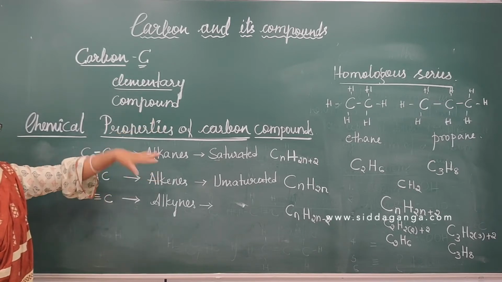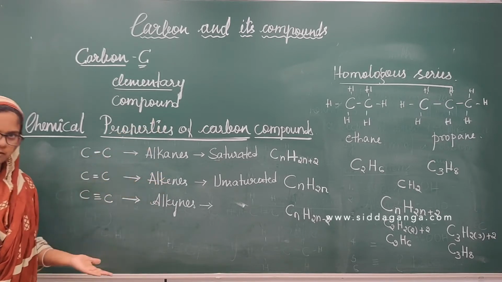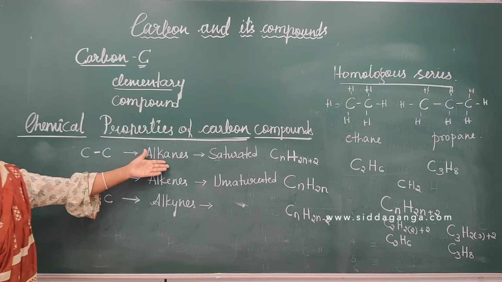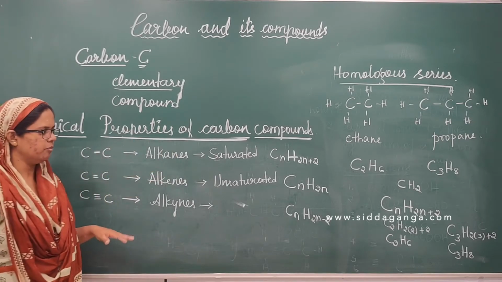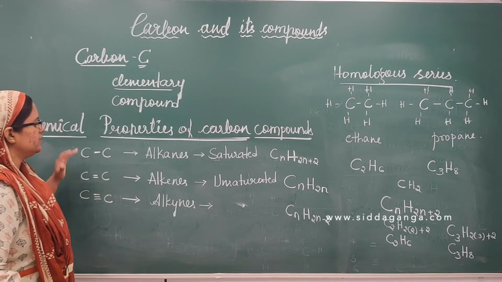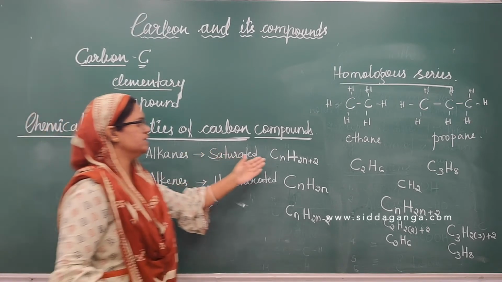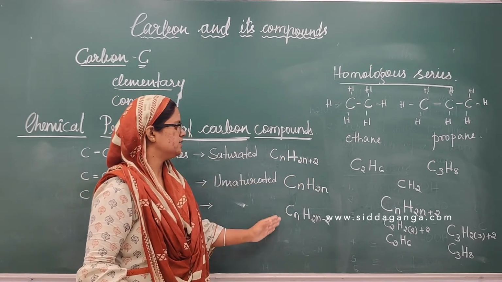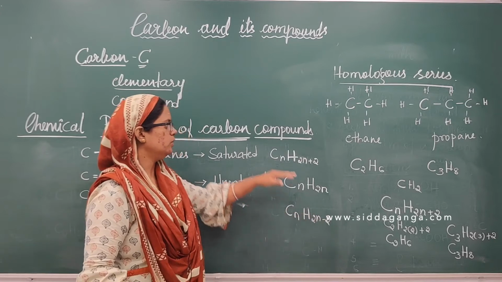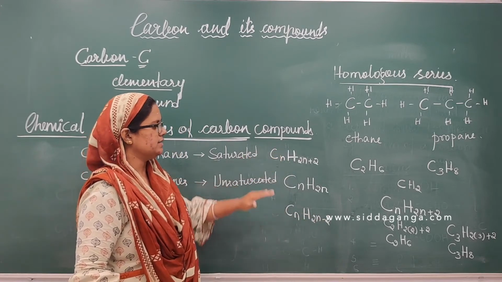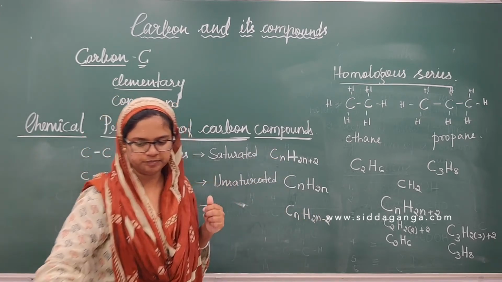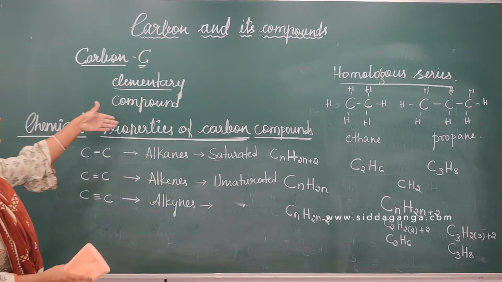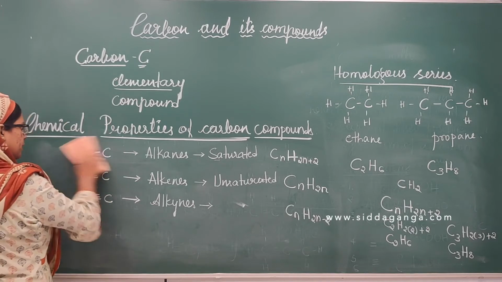Compared to alkanes, in alkenes 2 hydrogen atoms will be fewer because of the double bond, while in alkanes 2 more hydrogen atoms are there because of single bonds. So these series have the general formulas CnH2n+2, CnH2n and CnH2n-2 for alkanes, alkenes and alkynes respectively. Now we discuss some chemical properties of carbon compounds.